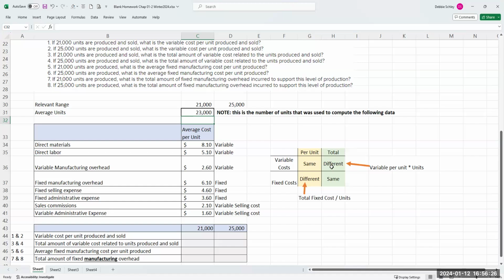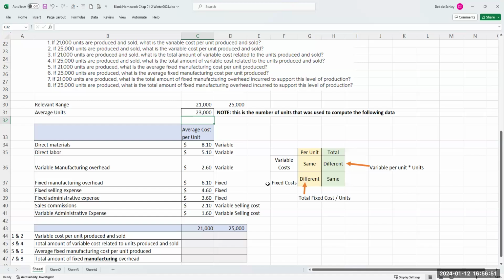And how you get that total, it's the variable per unit times the number of units. Fixed costs react differently. For fixed costs, the per unit is different.